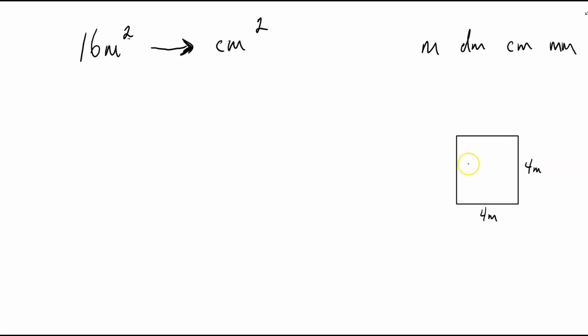The area of this square is 4 times 4 meters times meters, 16 meters squared. Okay? Now, convert each of those lengths into centimeters so that we can get the area into centimeters squared.